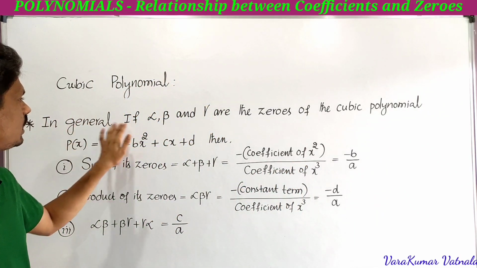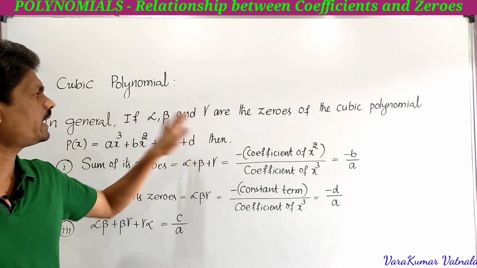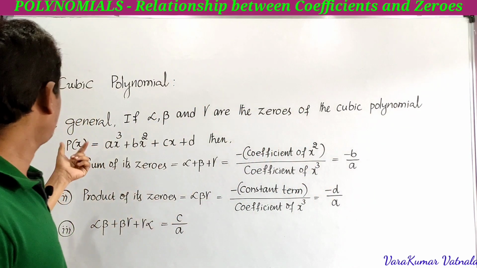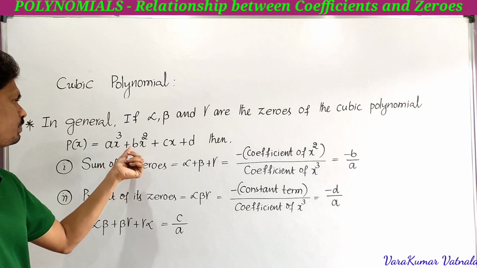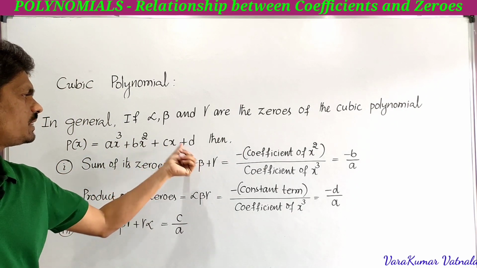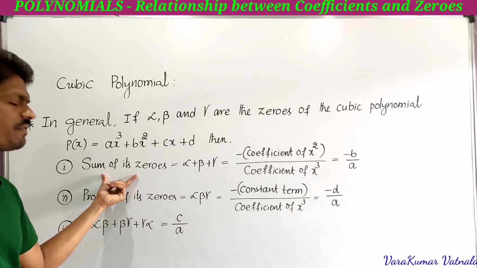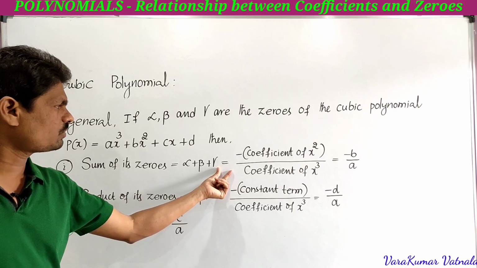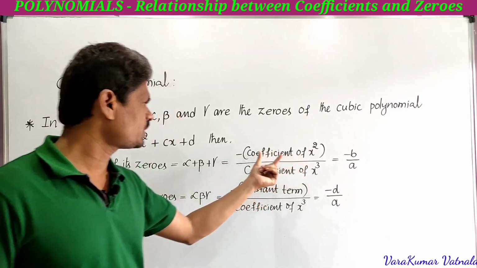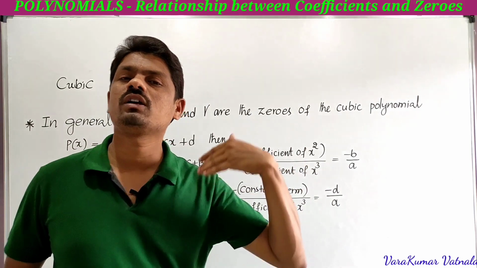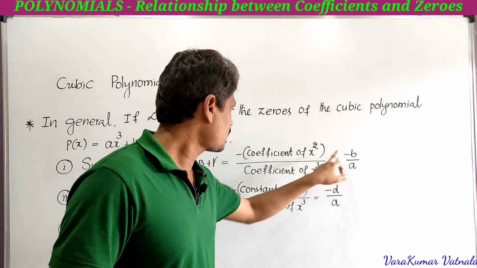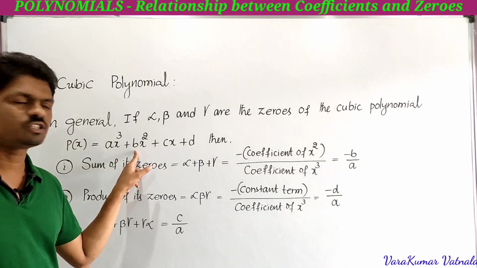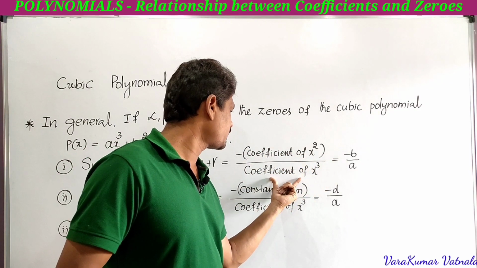See here, in general, if alpha, beta and gamma are the zeros of the cubic polynomial P of x equal to ax cube plus bx square plus cx plus d, then the sum of its zeros, alpha plus beta plus gamma, is equal to minus the coefficient of x square divided by the coefficient of x cube.